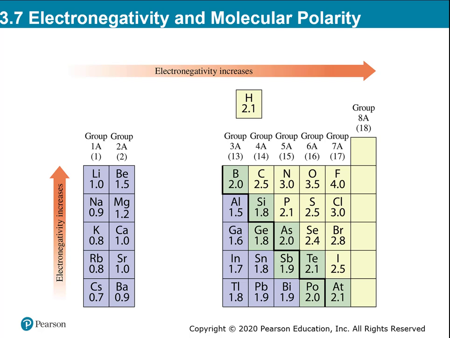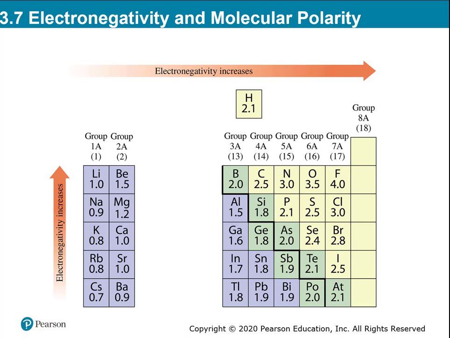So looking at this, do you see that metals on the left side have a low electronegativity? They're anywhere from 0 to 1.5, but pretty low. Look over on the opposite side. Notice the halogens, fluorine, chlorine, bromine, they are almost twice what you see with the metals.